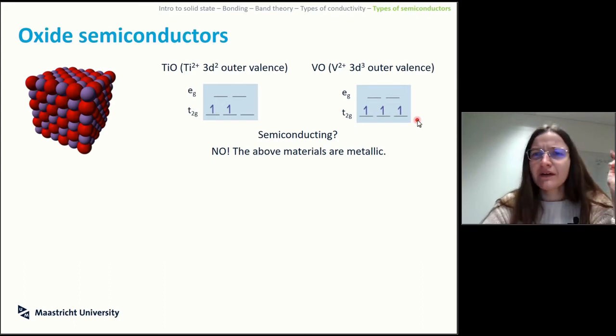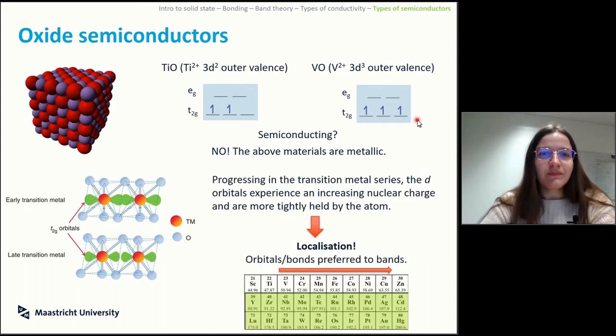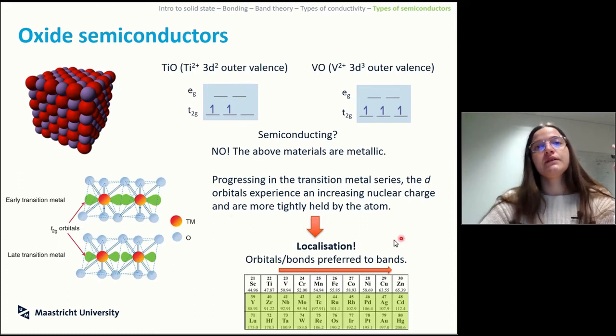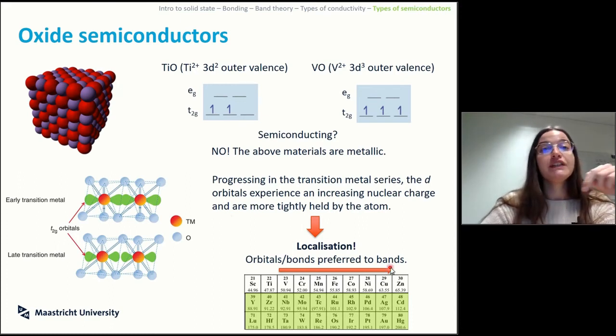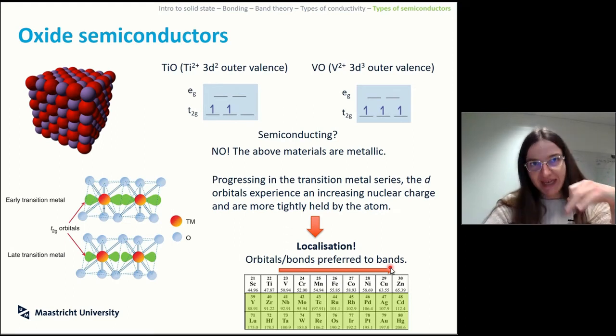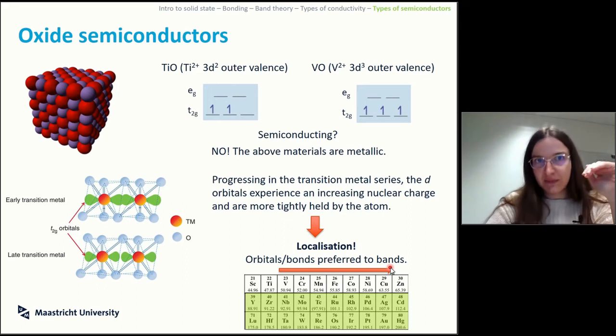Super annoying. Why? Because as you progress in the series, you have a different business with these orbitals being involved with each other. Because as we were saying before, you can only have band behavior, complete, full, perfect band behavior, if your orbitals are smoothly interacting with each other and you can consider them to be delocalized through the structure.